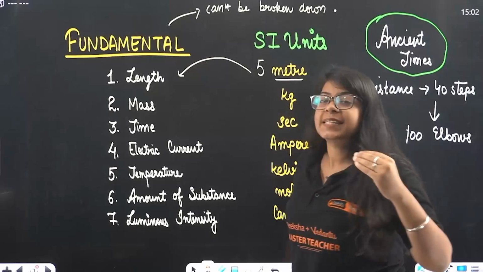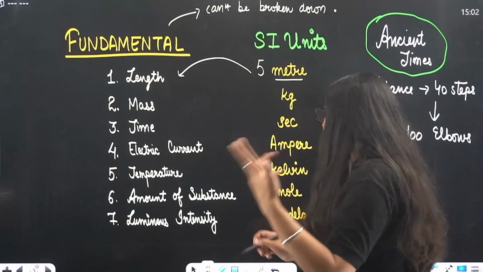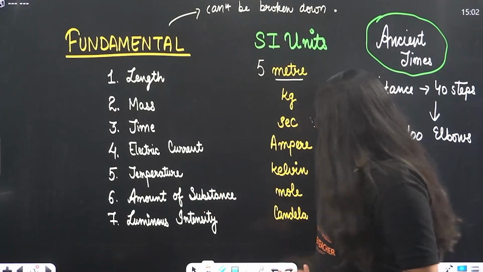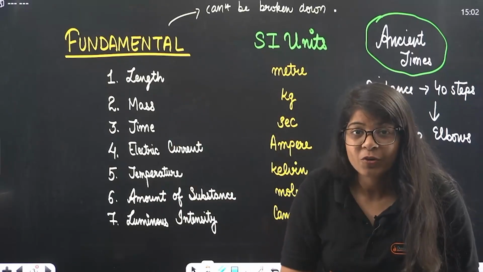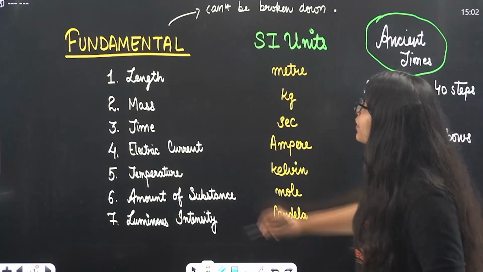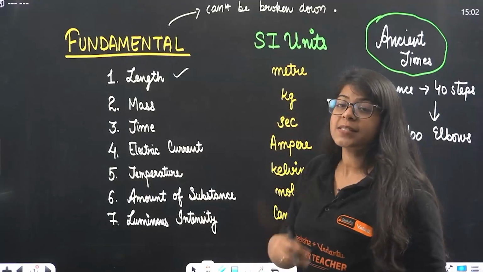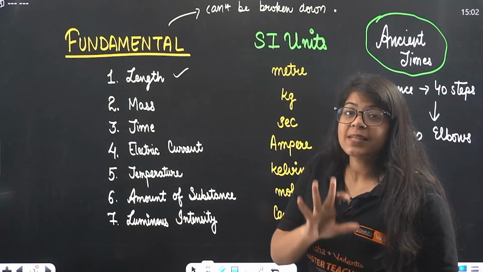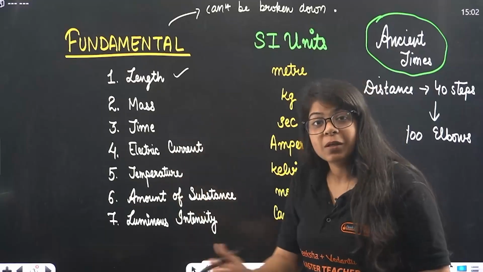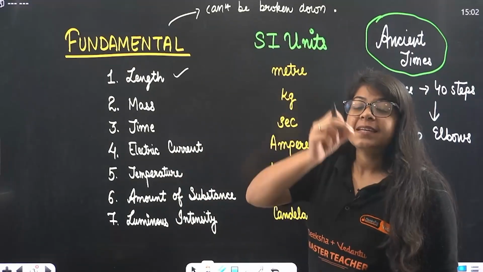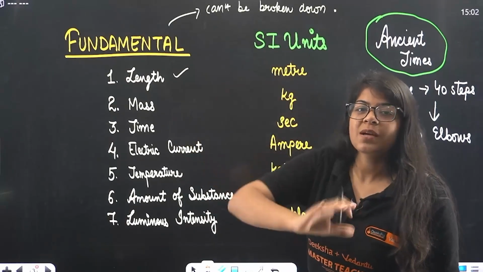That's exactly what we are looking at here, and you have studied units as well, right? So what is the unit of length? Ma'am, it's meter. SI unit is meter. It can be kilometer, millimeter, centimeter, but the SI unit is meter.